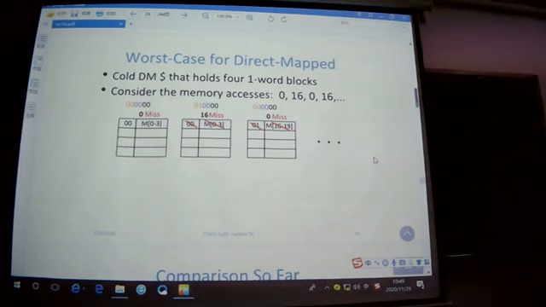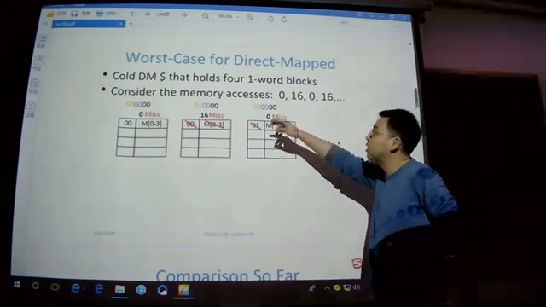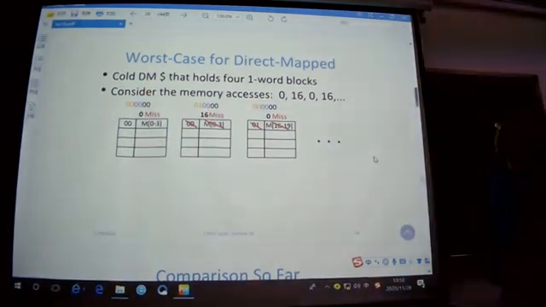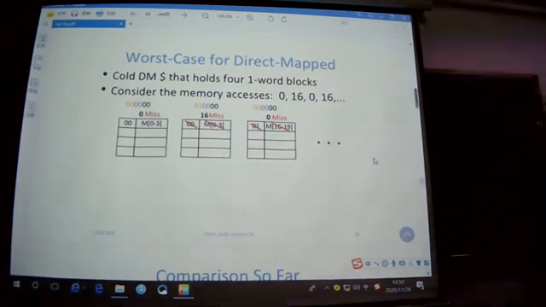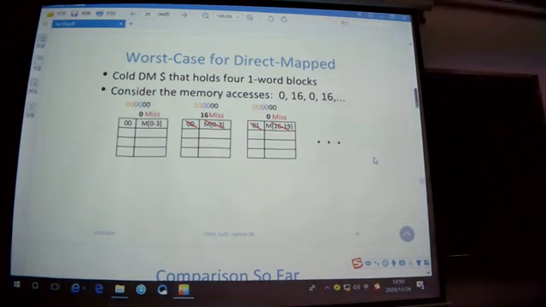Okay, we can find this is another example. This is the worst case for direct map. Direct map we call DM. So we can find a cache DM that holds 4 one-word blocks. We consider the memory accesses 0, 16, 0, 16.